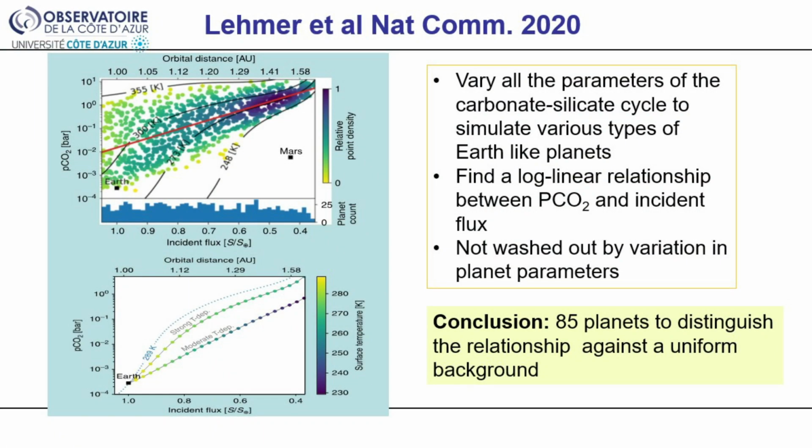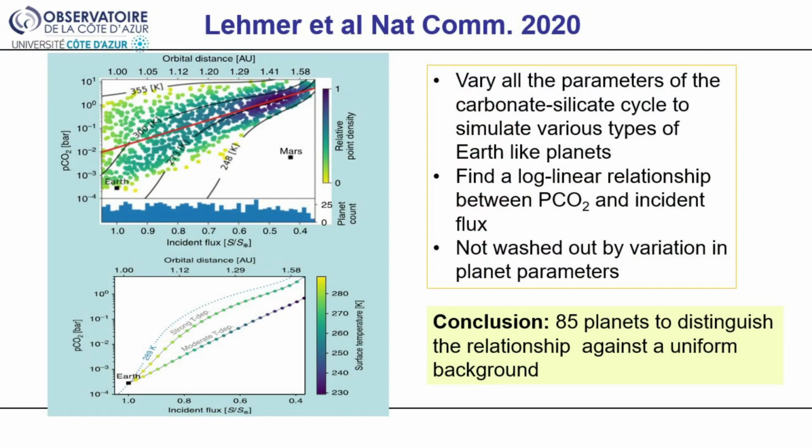So what they did is they took their carbonate silicate cycle and varied all the parameters. The parameterization is rather complicated because you are parameterizing, you know, the weathering of the continents. You have all kinds of parameters, and you always reproduce the Earth's history, but you say, okay, there is no reason that another planet is going to be as similar. So you vary all those parameters, and that's what they did. They have samples of planets that have a carbonate silicate cycle where they vary the most uncertain parameters, and we did the same, and you find those kinds of trends.